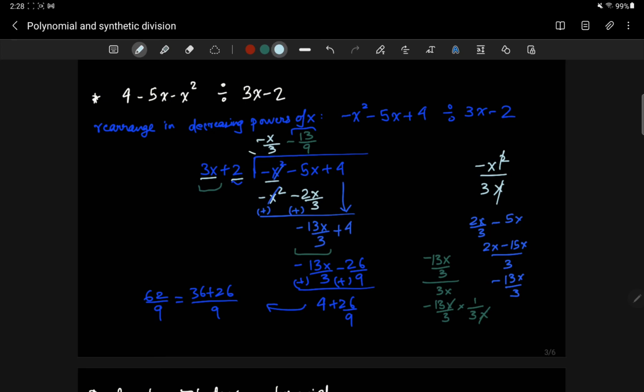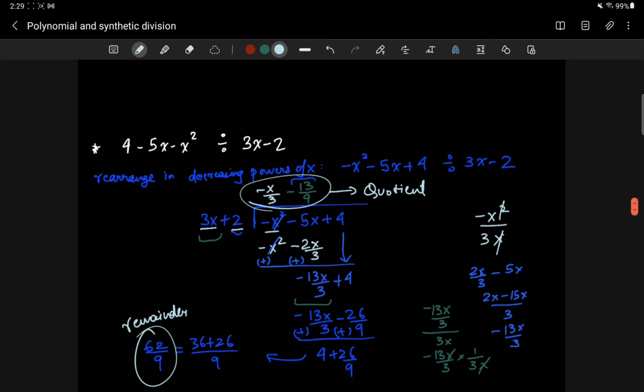So in this case, the quotient is negative x over 3 minus 13 over 9, and the remainder is 62 over 9. So the remainder in this particular example is not 0, which means that this is not perfectly divisible.